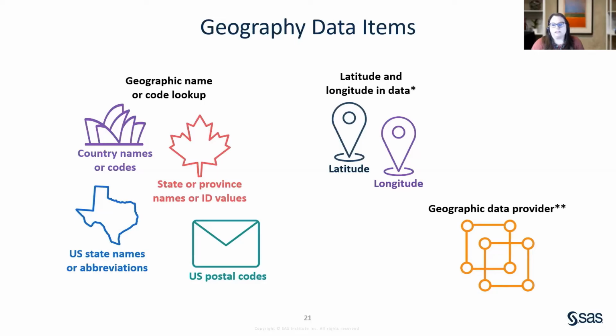We can link our data to US state names and abbreviations. If you have something else, but you have the longitude and the latitude, then we can set up a geography data item using that. We can also do regions or polygons by setting up the geographic data provider. So this lets you add in custom polygon shapes.